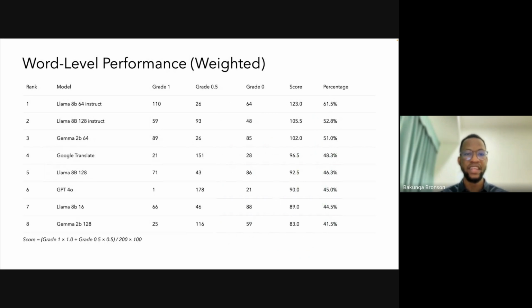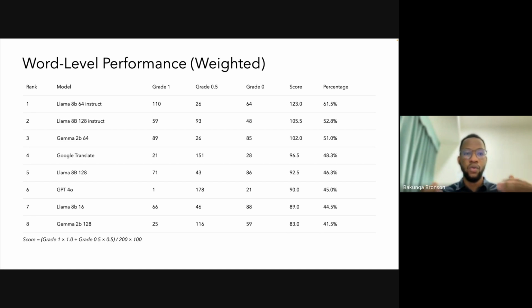We now get to see a different picture. Whereas on the sentence level some of these models were down, when we take it to the word side, we bring in the judge. In this particular case the judge is GPT-4o, but it was also validated against a different model, which is Claude.